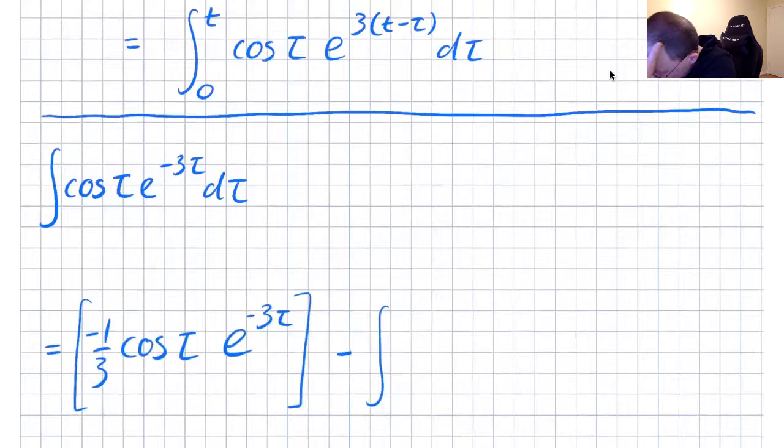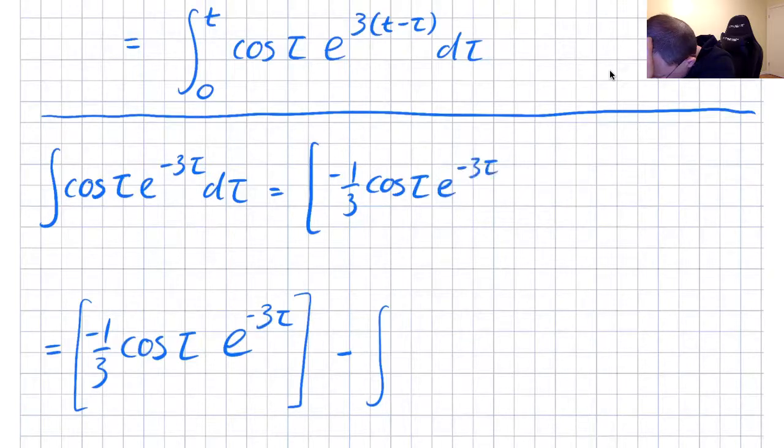So this will be negative 1/3 cosine tau e to the negative 3 tau minus, let's get rid of that stuff.